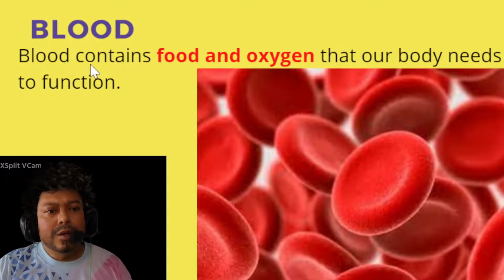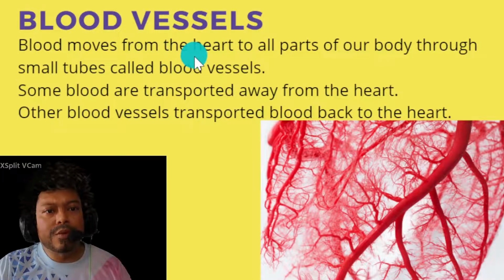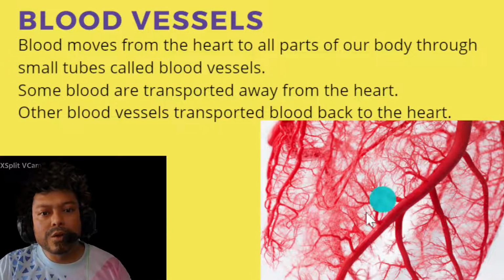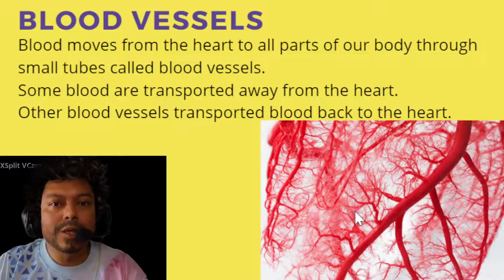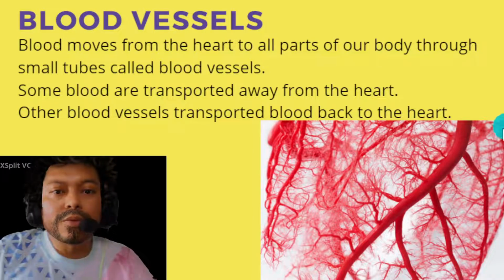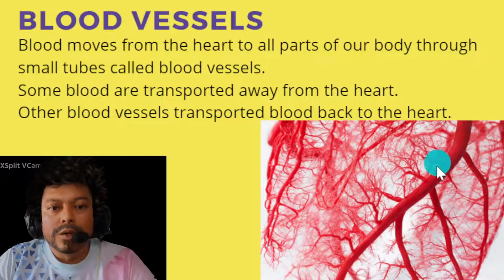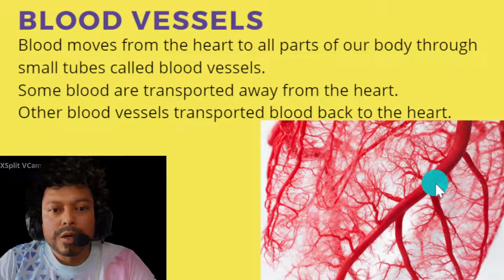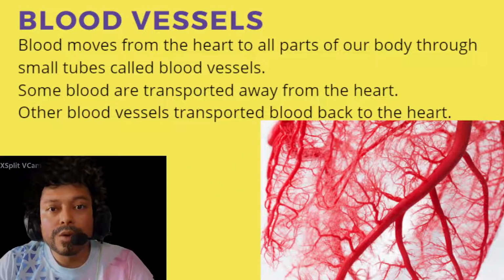So this blood moves from the heart to all parts of our body through small tubes called blood vessels. All of this, which looks like the roots of a tree, is called blood vessels. The big tubes divide into smaller tubes and divide again into even smaller tubes.